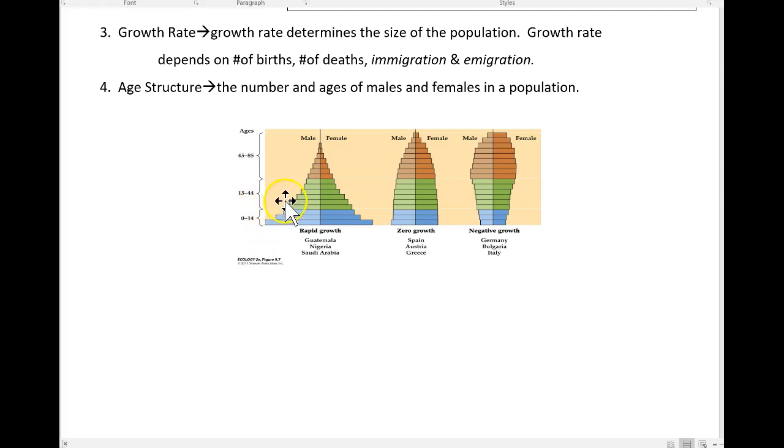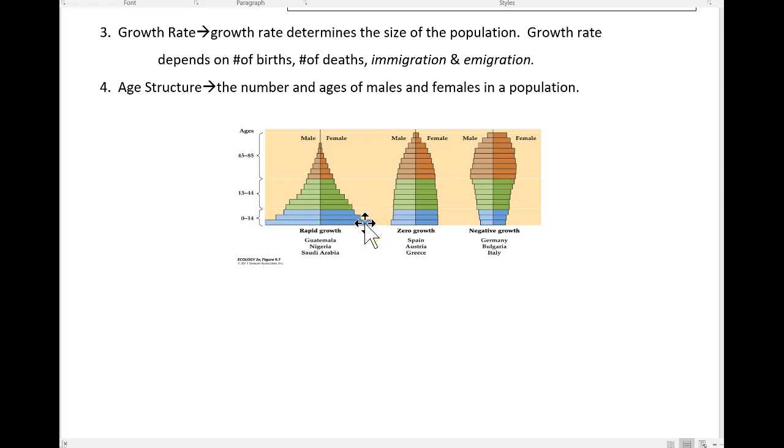And then in this next area here, this is ages 15 to 44. This next area is ages 45 to 85. So what we can do is, as we're looking at this, we're going to see that there is a very high birth rate in this country.